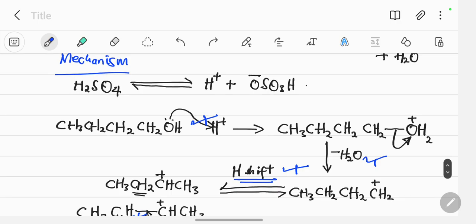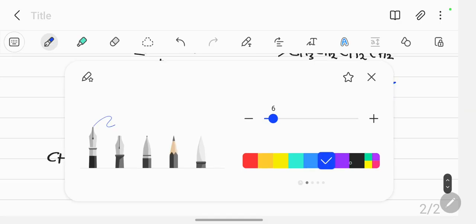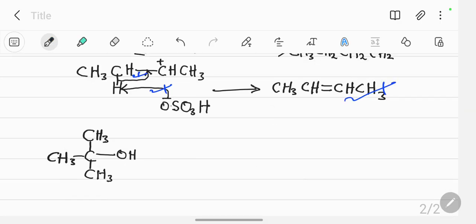And I was calling this one a primary alcohol because it only has one alkyl group attached to the carbon atom that has the functional group. So let me try to have it here.